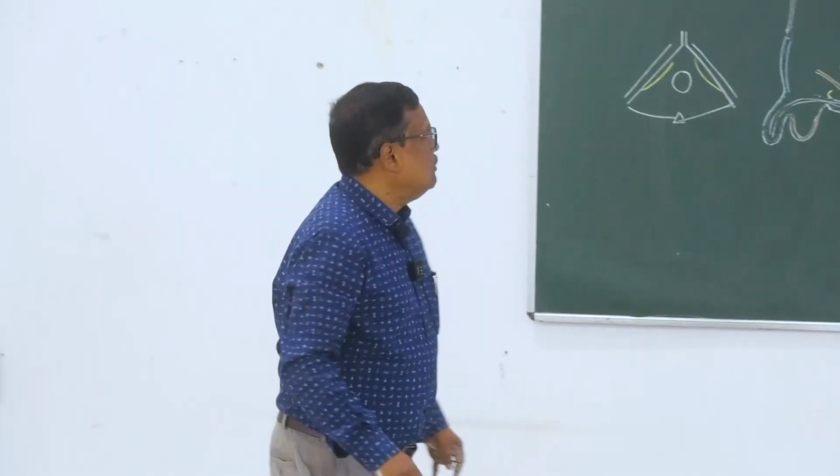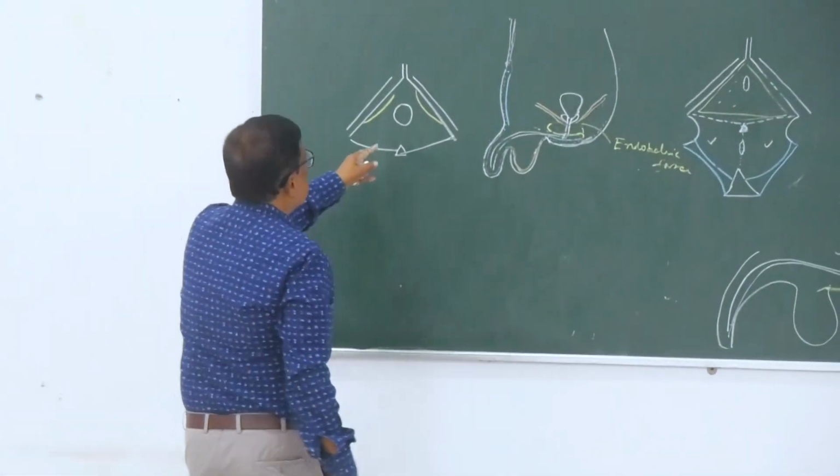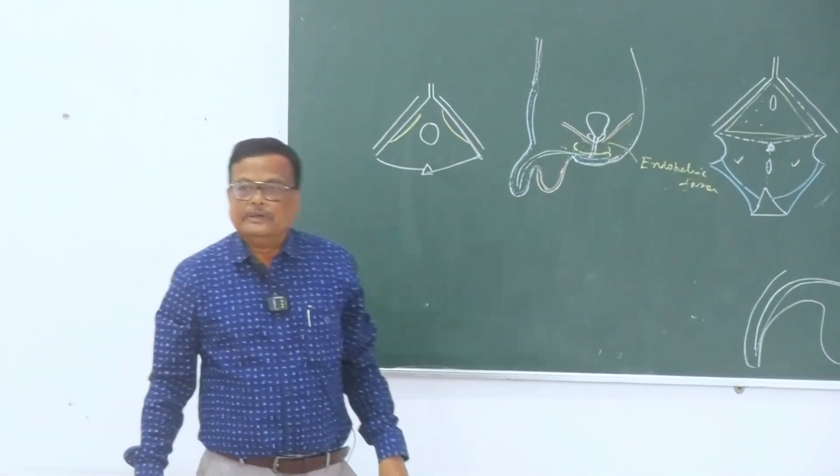And when this bulb of the urethra continued, it called corpus spongiosum of the penis.